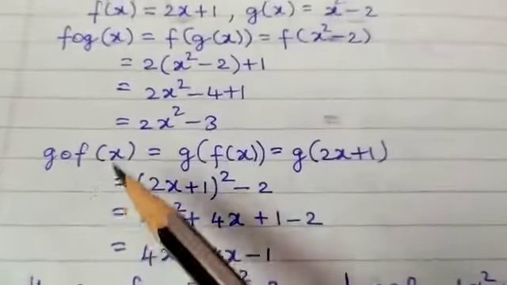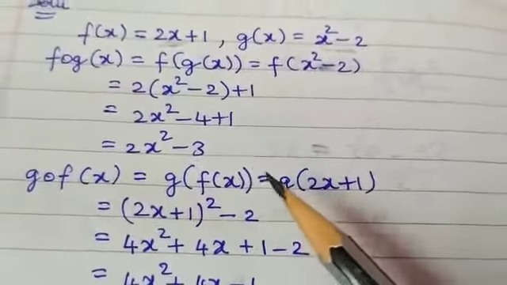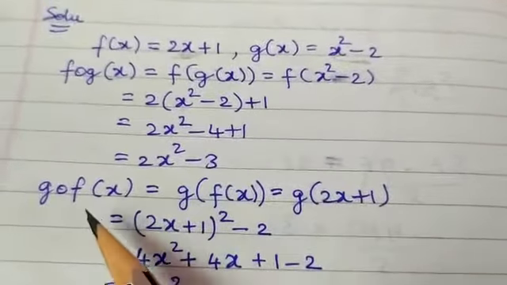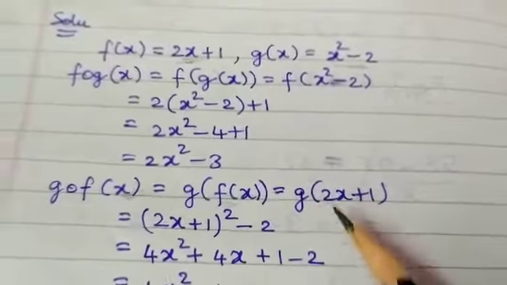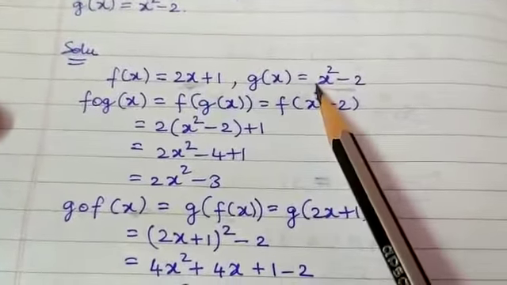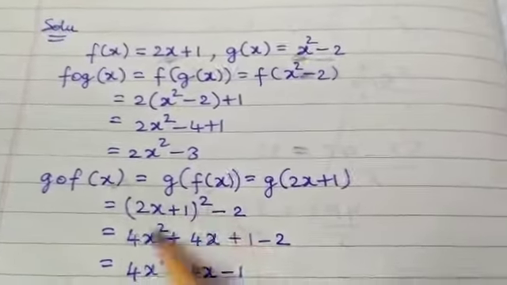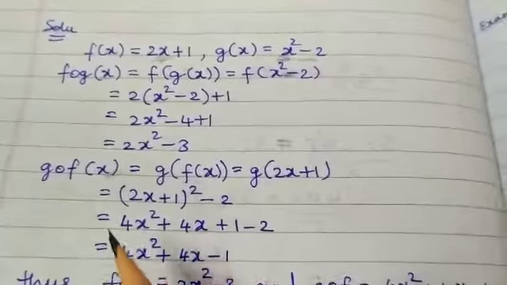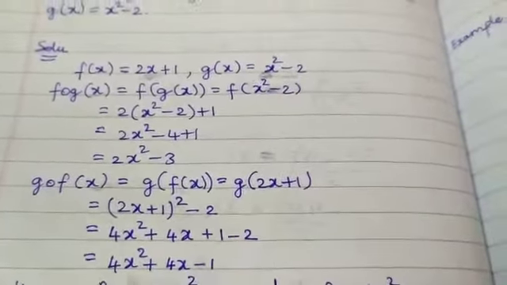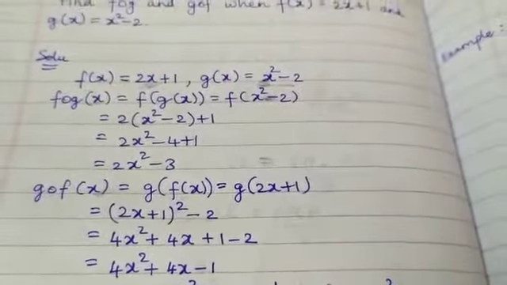Next is g∘f of x, that is equal to g of f of x. I am just substituting the x value as f of x, that is 2x plus 1, in the place of x in x square. That is 2x plus 1 whole square minus 2, that is equal to 4x square plus 4x plus 1 minus 2, that is equal to 4x square plus 4x minus 1.